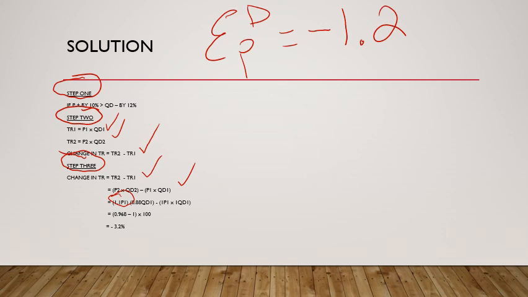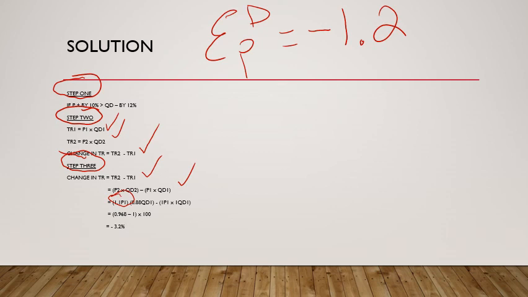Well, using the same logic for QD2, again, we don't have QD2, we don't have QD1, but we do know that Q1 or QD1 is higher than QD2 by 12%. All right? So, how do we interpret QD2?